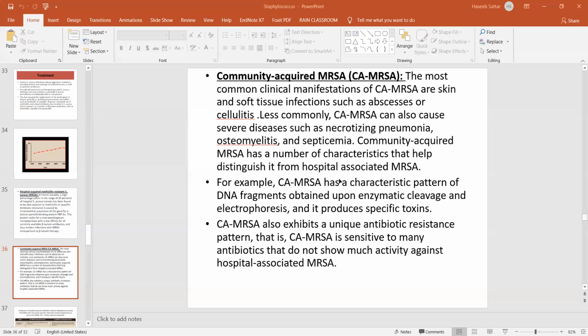There are some differences which can help identify whether an MRSA infection is community acquired or hospital acquired. There are certain differences between these two types of MRSA strain.